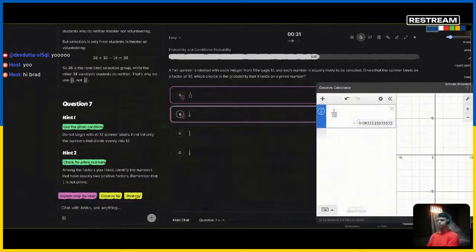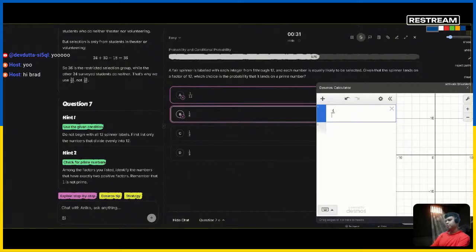1 divides 12. No. 2 divides 12. No. 3 divides 12. Wait, if you think about it, this also works too. 3 divides 12.